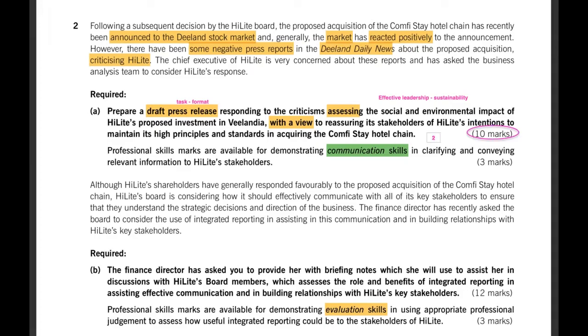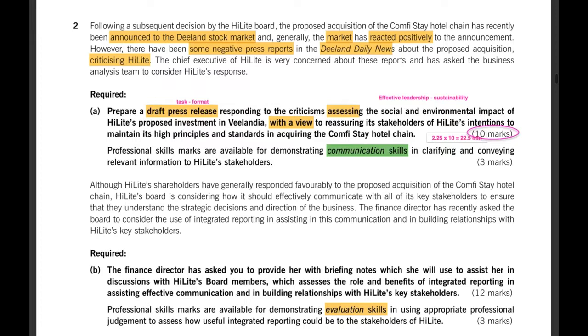Since we have already calculated just now, let's use 2.25, taking the maximum. 2.25 times 10 should only take you 2.25 minutes.